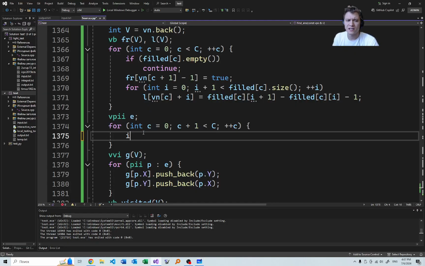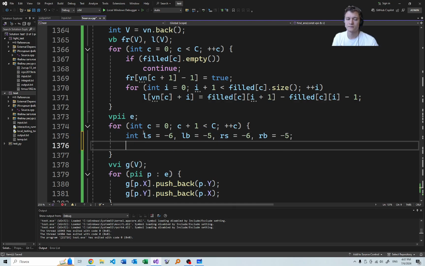Okay, so let's write it somehow. In the left column we have a small number and a big number. And in the right column we have a small number and a big number. And we have something like the number of the current stone.